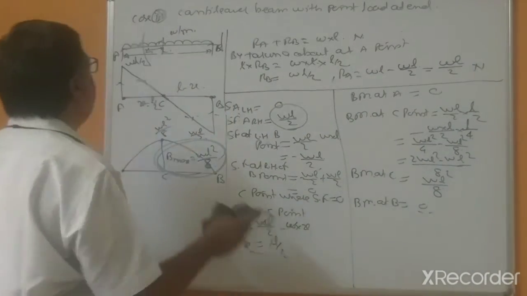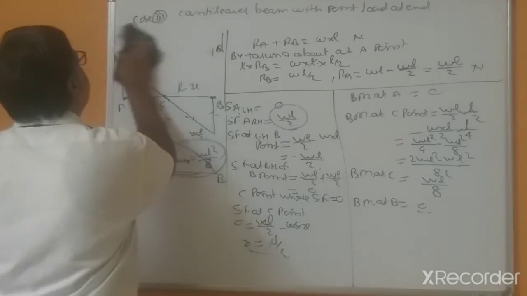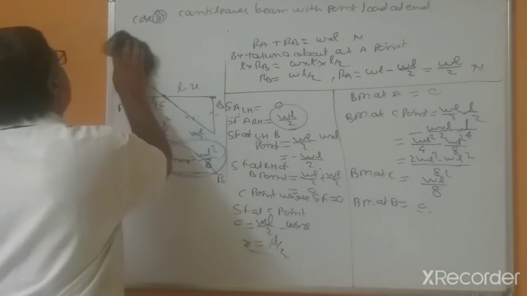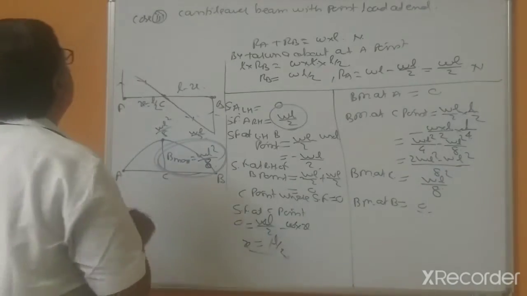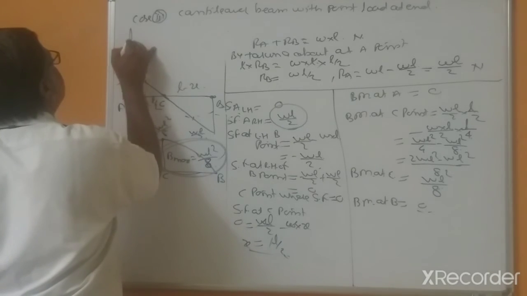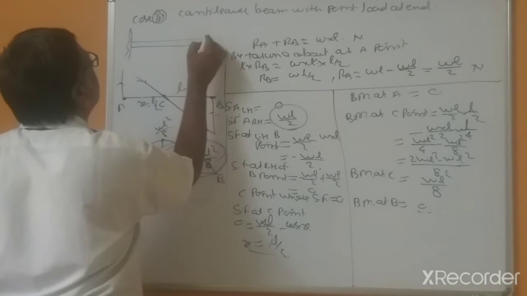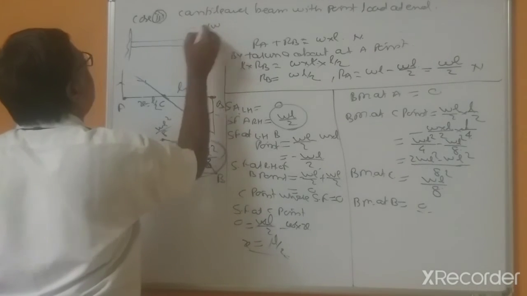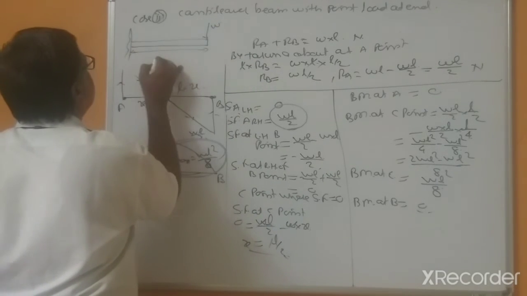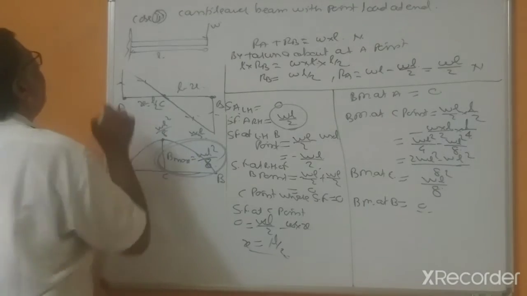So this is the third case. In the third case, what happens if this is a cantilever beam and this load equals W and this distance equals L.